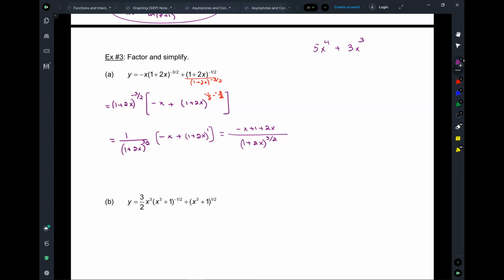And look, it simplifies even further. It's just (x plus 1) over (1 plus 2x) to the 3 over 2. Cool, right?